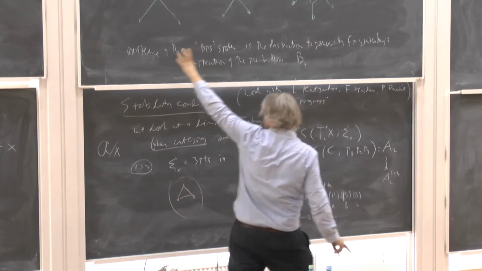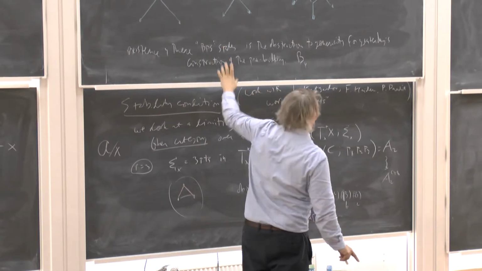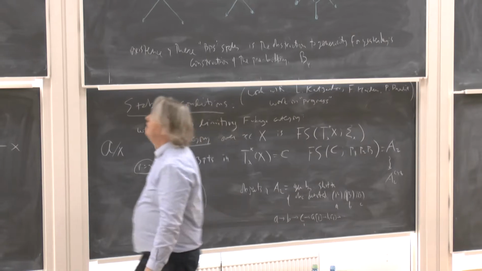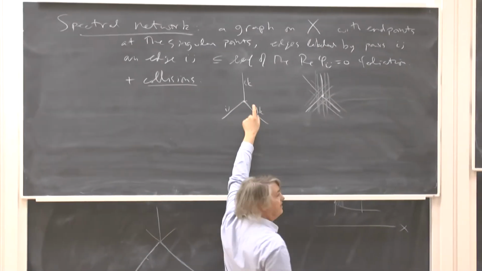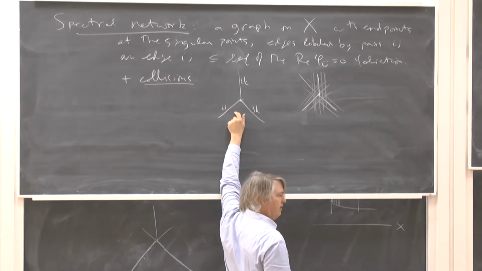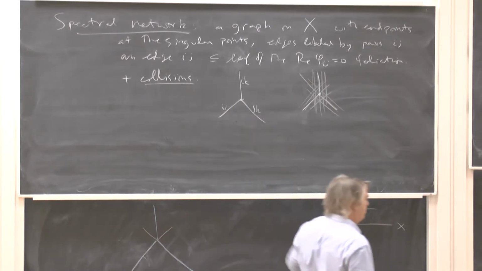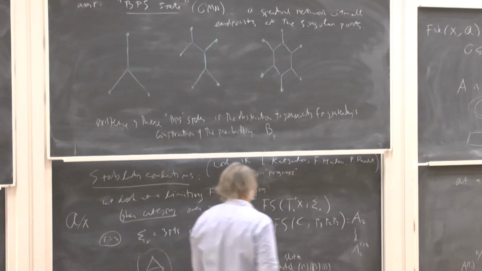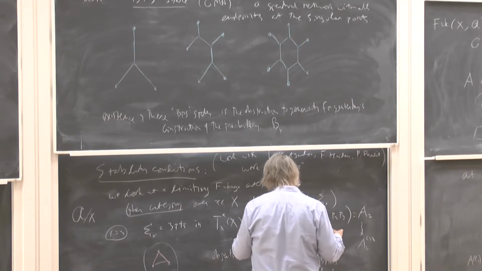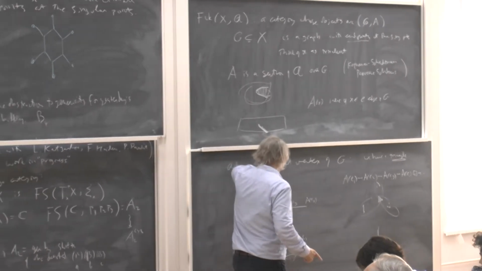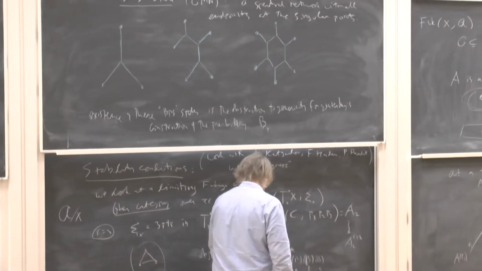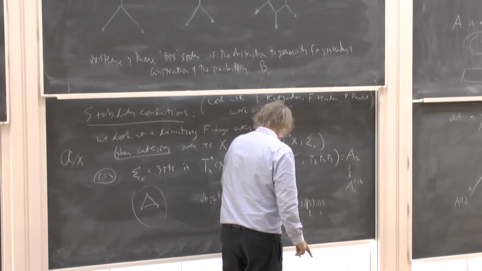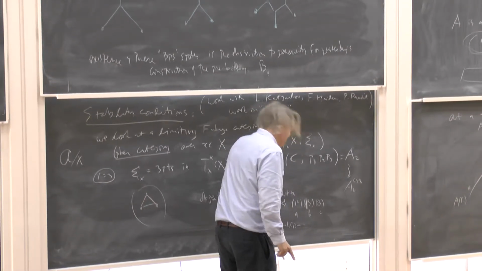And the condition of the collision exactly says that we have an exact triangle in the fiber category. So the case of a spectral network is the case where these objects over the edges are themselves stable objects in the fiber category, and at a vertex, they fit into their standard exact sequence.